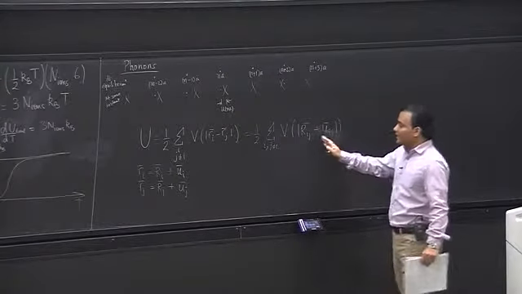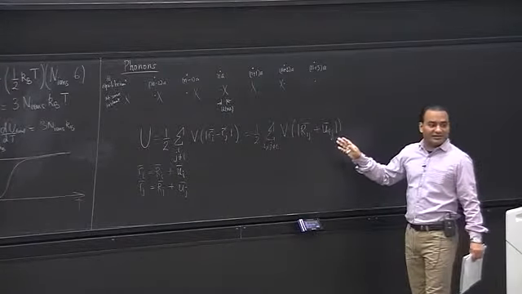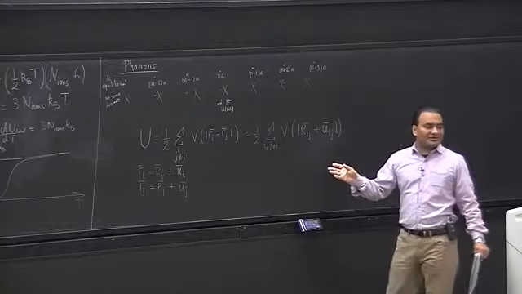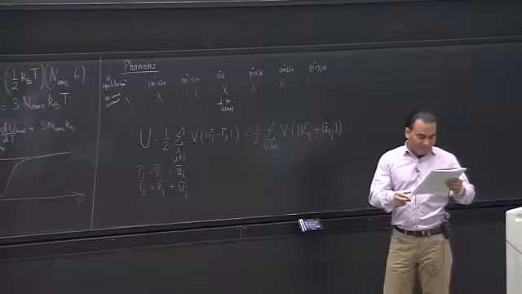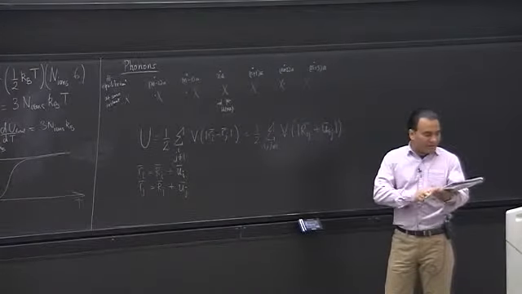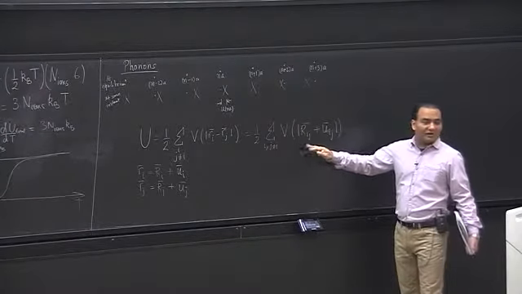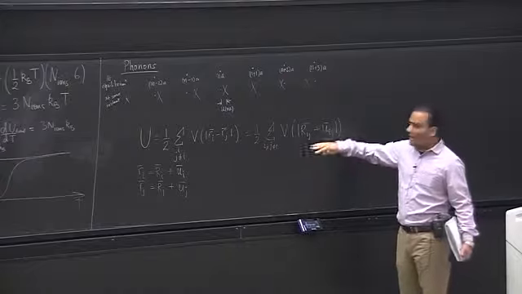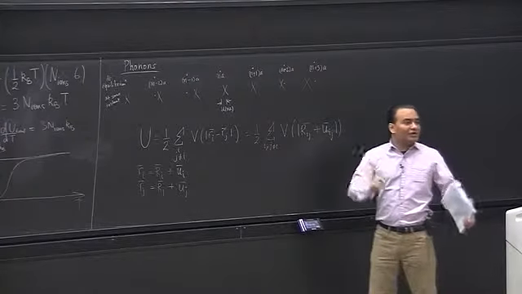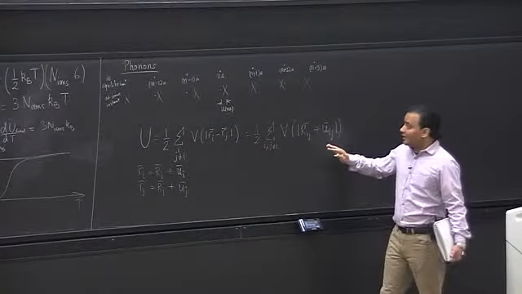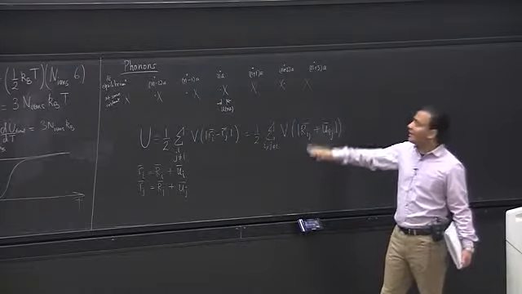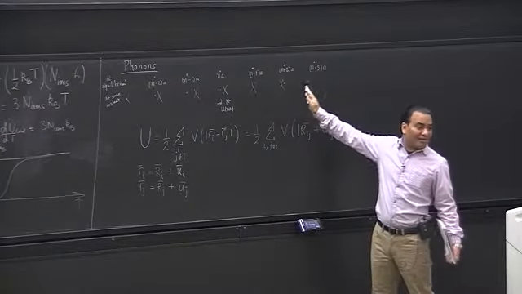The reason I'm writing this in general form is because there is a problem either in the tutorial or in the homework, I think in the homework, where you will have a more complicated case, and this notation is useful to address that problem. In the lecture today, we are only going to consider a one-dimensional lattice.